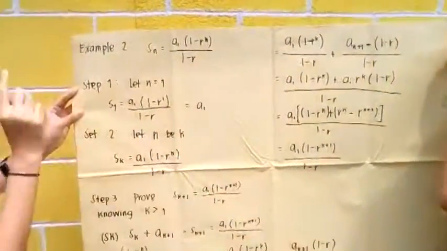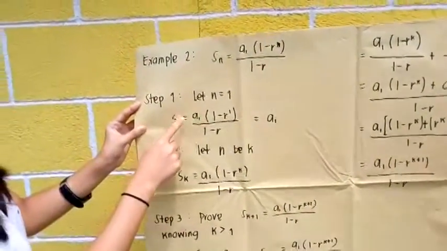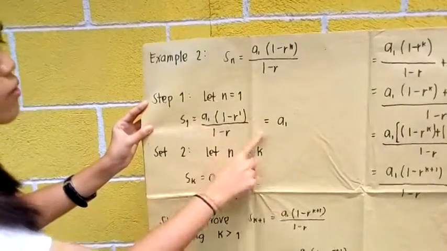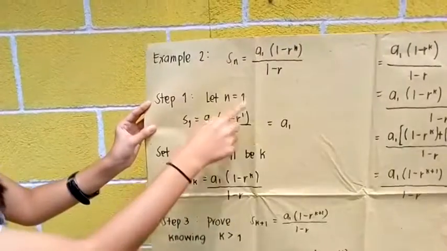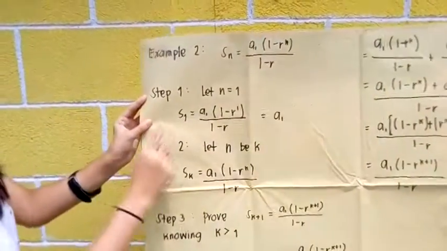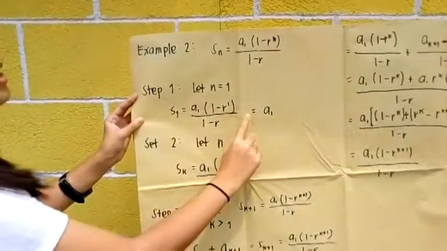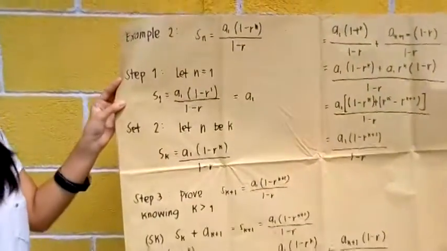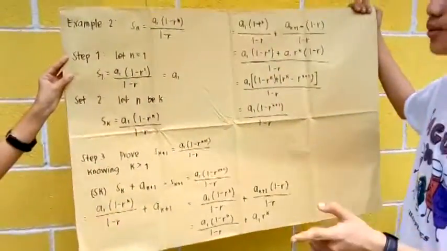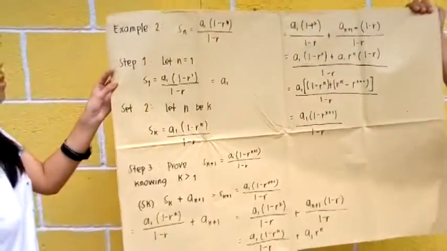So it will be S sub 1 is equal to a sub 1 times 1 minus r over 1 minus r. So this will be cancelled, because it's the same value. So we will get a sub 1 is equal to a sub 1. Therefore, it is proven that S sub 1 is equal to a sub 1.